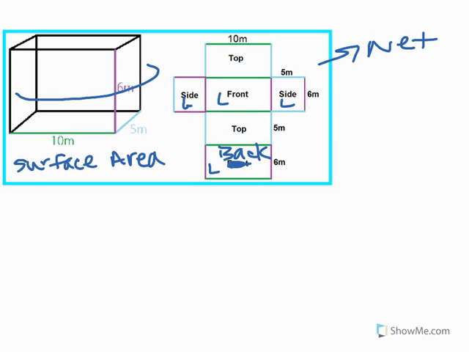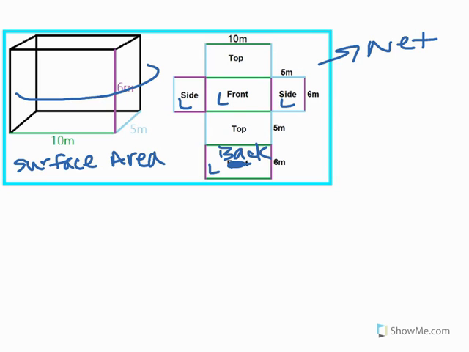We just need to remember that when we're talking about lateral, we're talking about the sides, and the area that is just creating the sides. Lateral is the sum of the areas that are creating the sides.